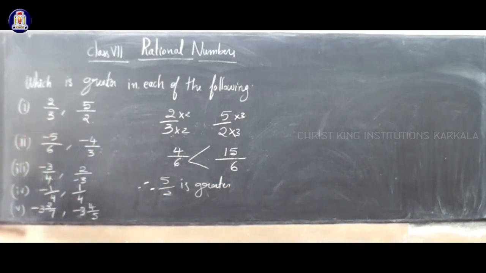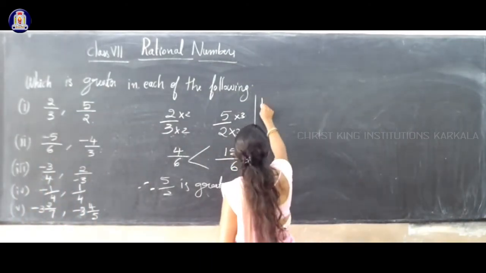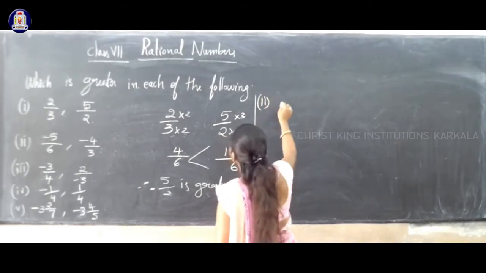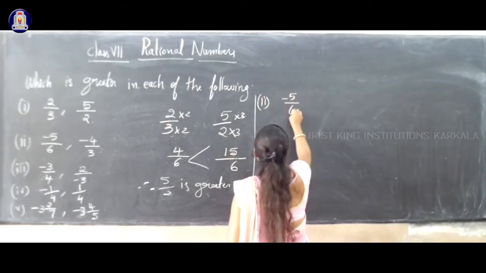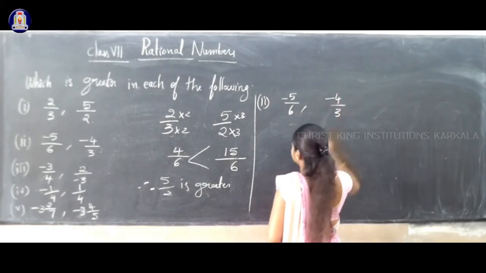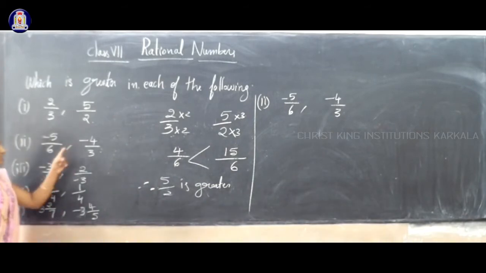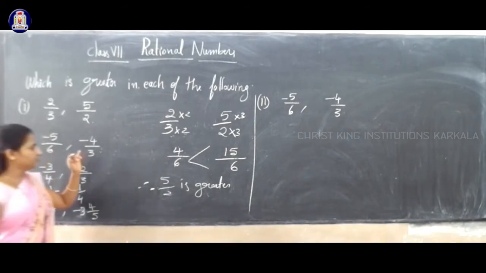So the second one, minus 5 by 6 and minus 4 by 3. Which is the greater?